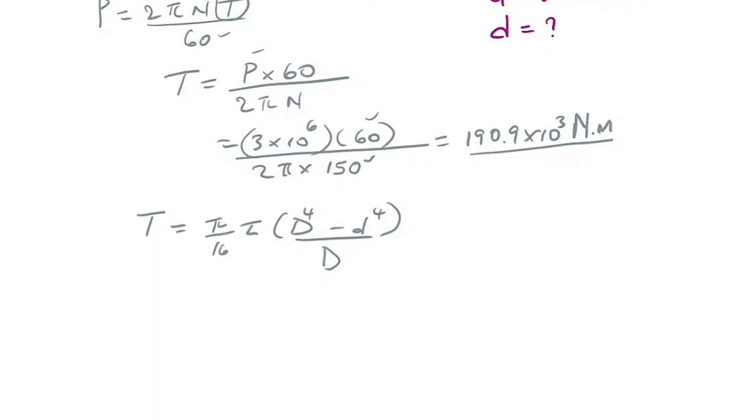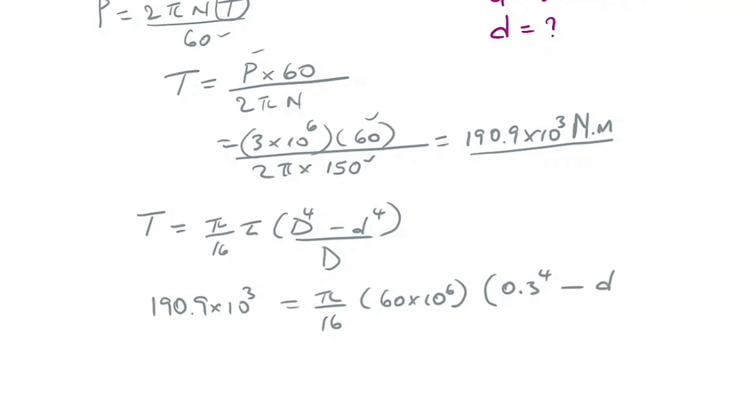We have the torque, 190.9 times 10 to the exponent 3, equal to pi divided by 16 times the shear stress, which is 60 times 10 to the exponent 6. Then we have the external diameter, 0.3, to the power 4, minus the internal diameter to the power 4, all divided by the external diameter, 0.3.